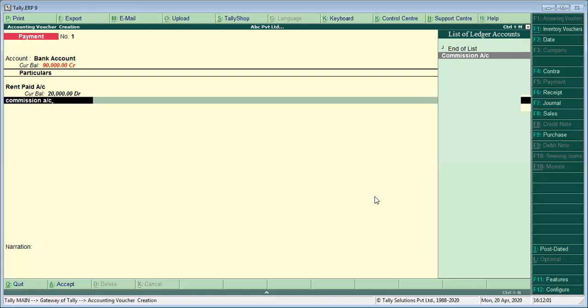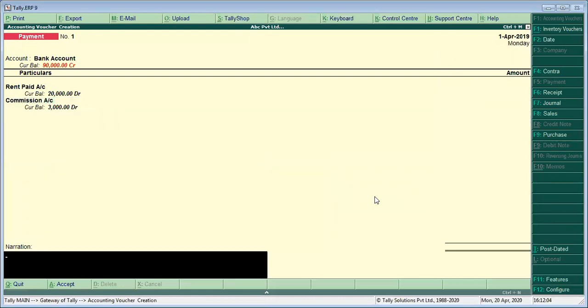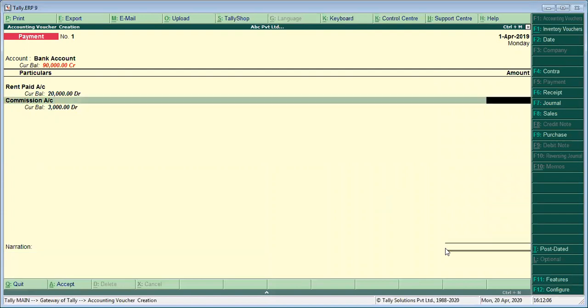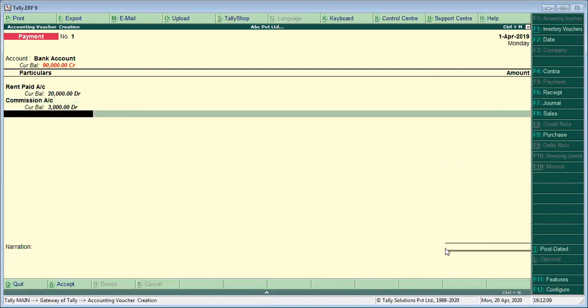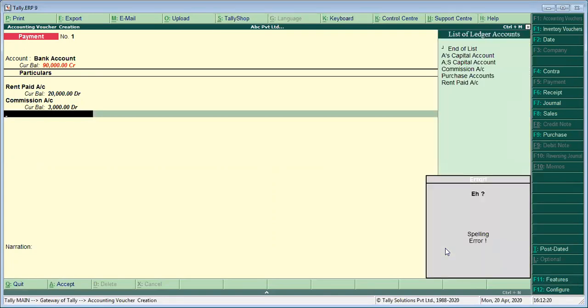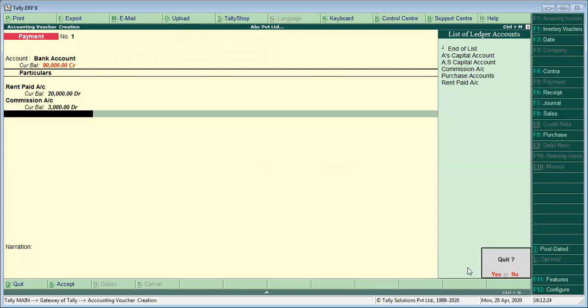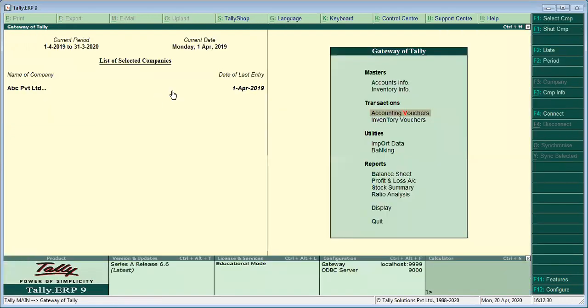Commission account will be the transaction, and 3,000 will be the value. The entry is created. This is how the generation of the entry moves on. So here the rent paid, commission and the cash will be the transaction.